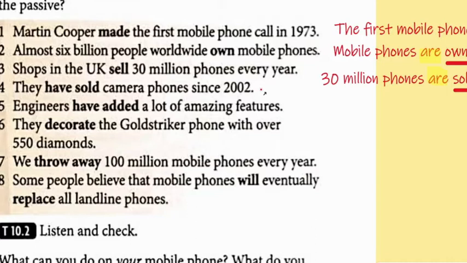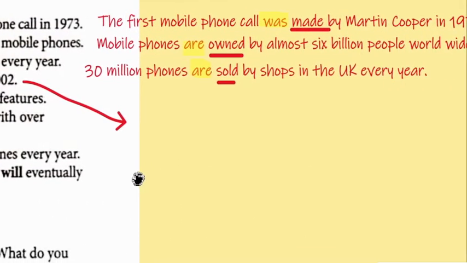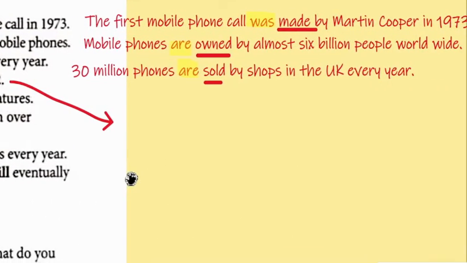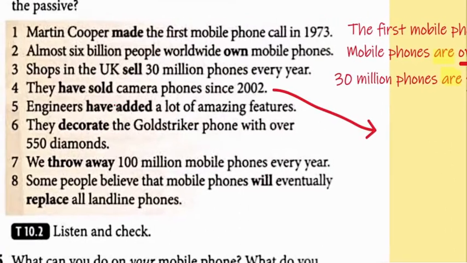Okay, let's do it here. Wait, what is the tense? Oh, this is present perfect. Present perfect. Okay. Camera phones.